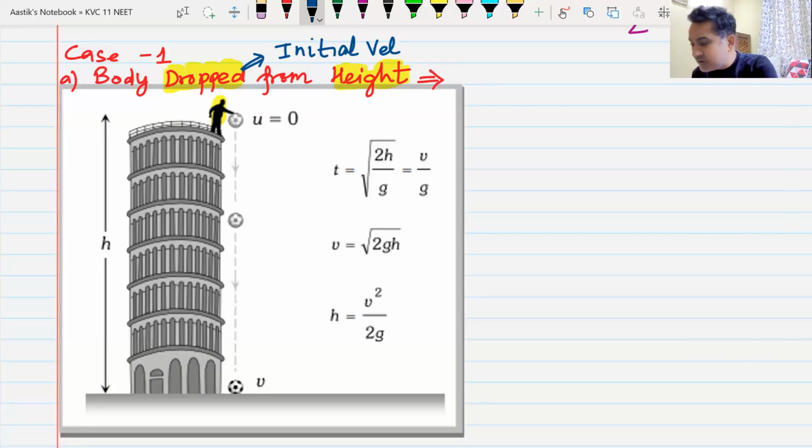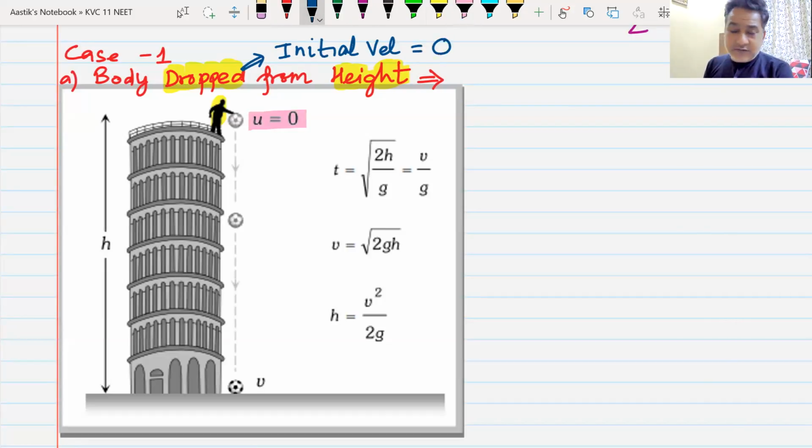What can you tell me about the initial velocity of this object? This is a ball that has been dropped. The initial velocity of this object is 0. Do we understand this?